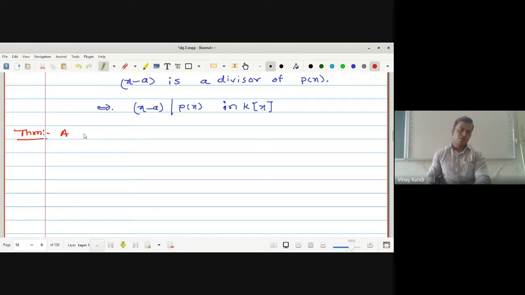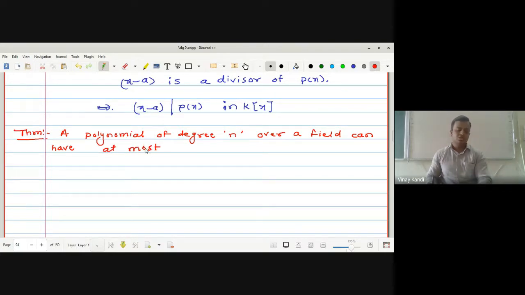The polynomial of degree n over a field F can have at most how many roots?